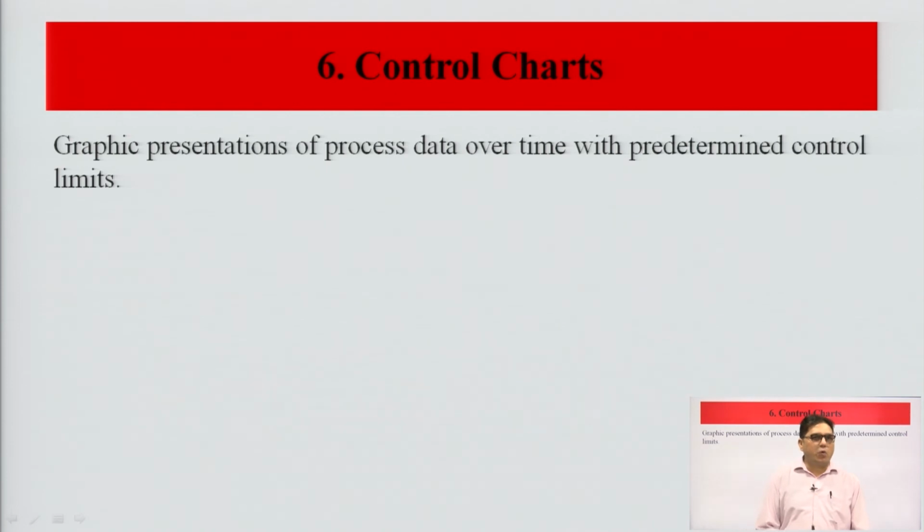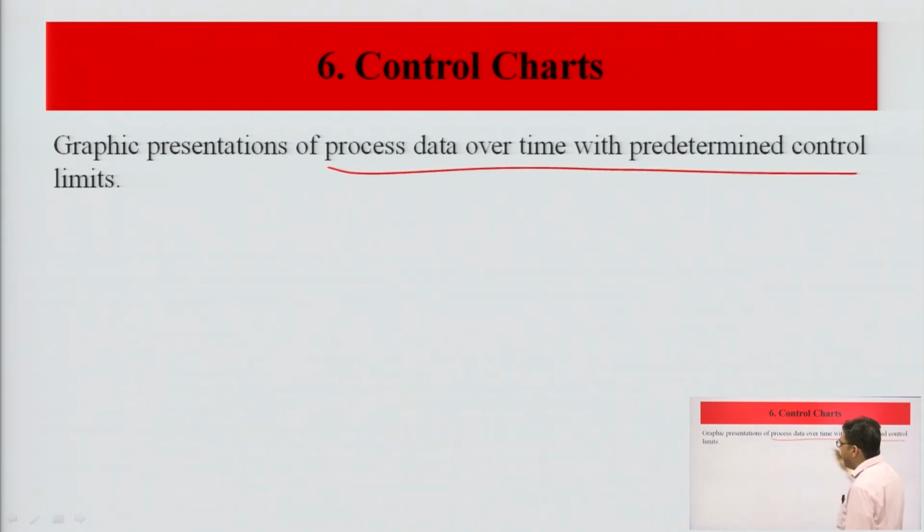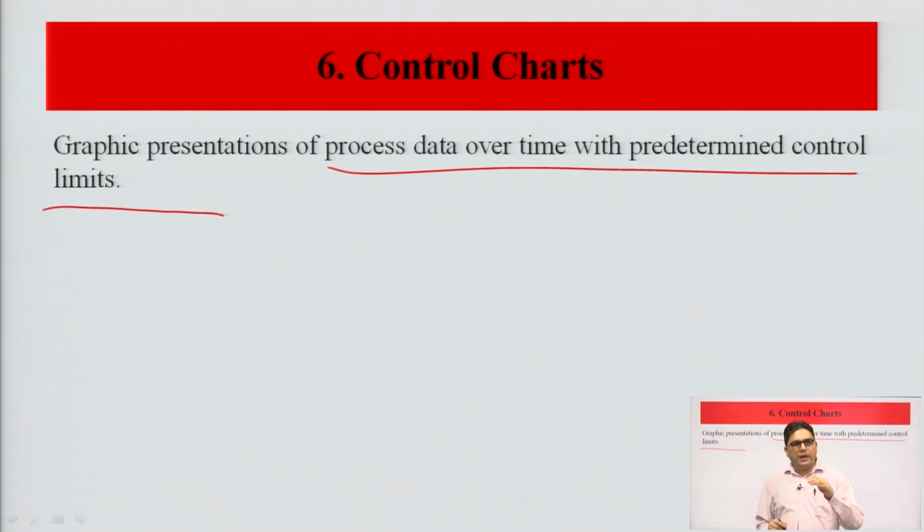Next, it is about the quality charts, the control chart: a graphic representation of process data over time with predetermined control limits. Graphically, a company will decide and determine the accepted limits, determined at the upper end as well as at the lower end, and one is the accepted line.